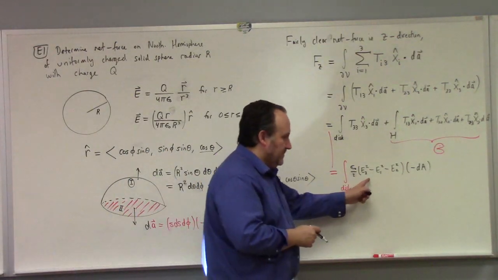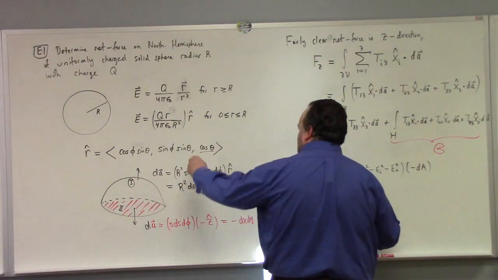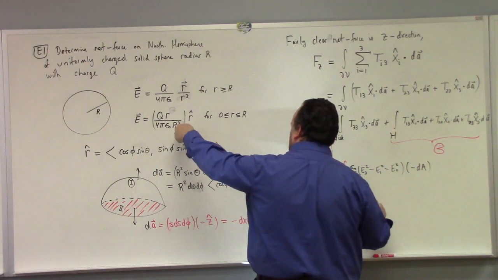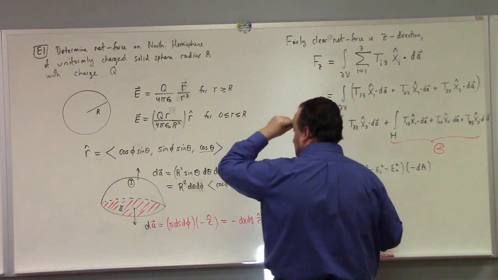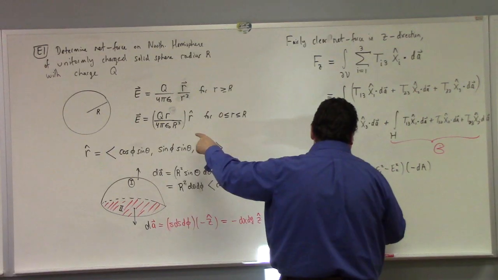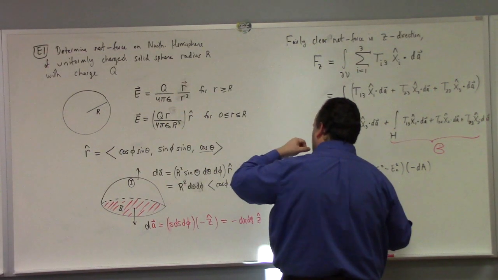Now here, for instance, E1 is, goodness gracious, Q, what's that?